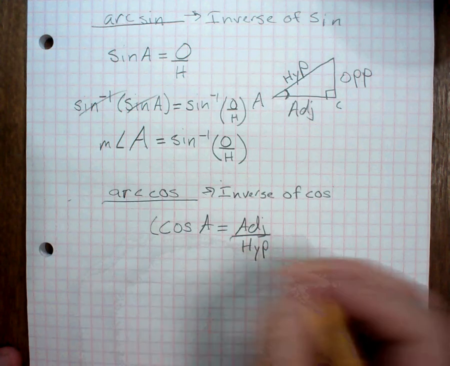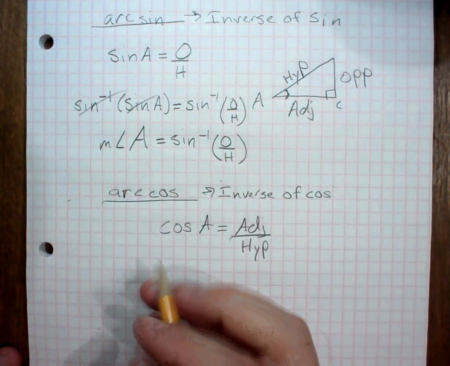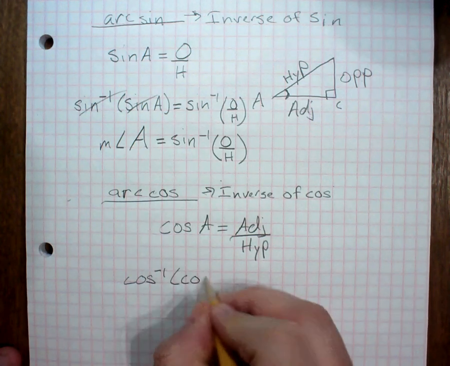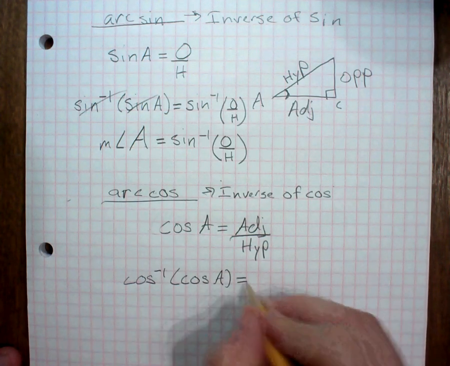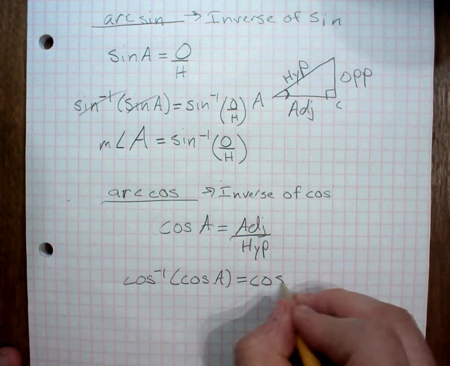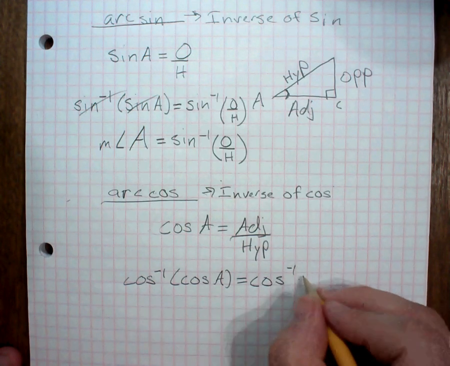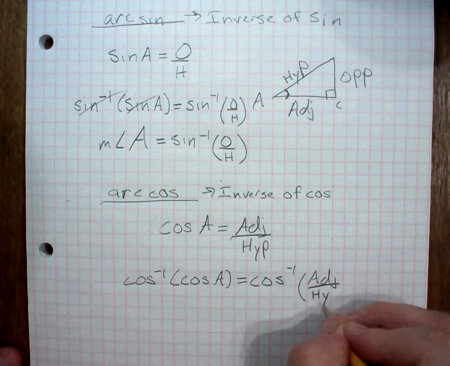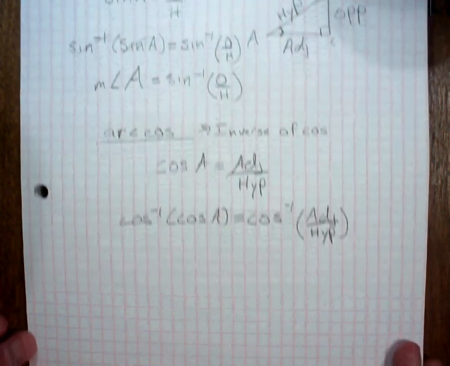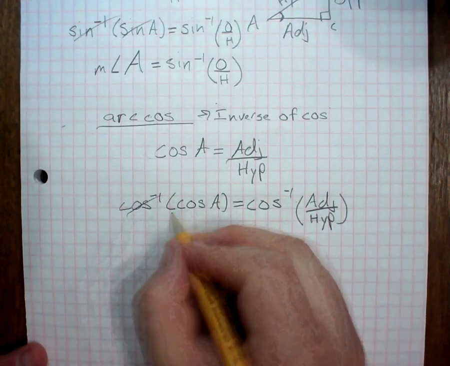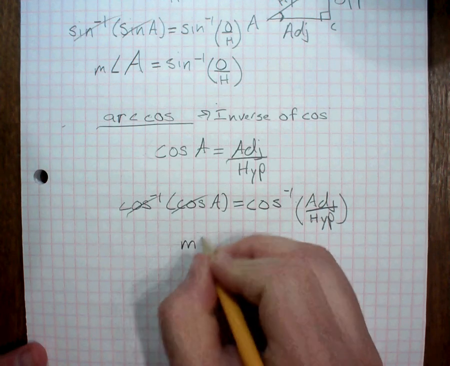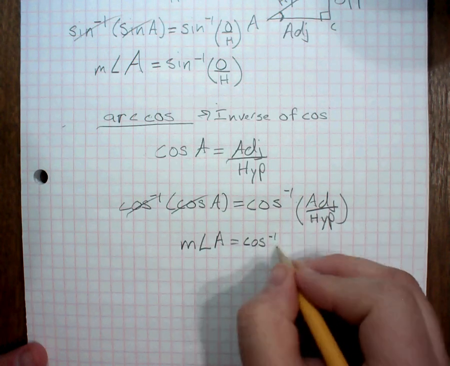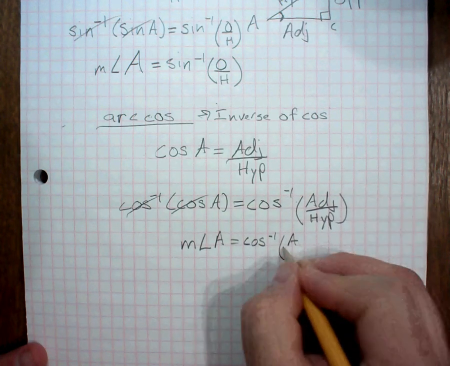If I take arc cosine, or the inverse of cosine, of one side, whatever I do on one side, I have to do to the other. Then this cancels with this, and I'm just left with the measure of angle A is equal to arc cosine of the adjacent over the hypotenuse.